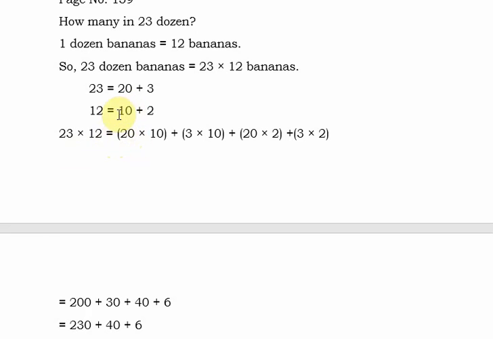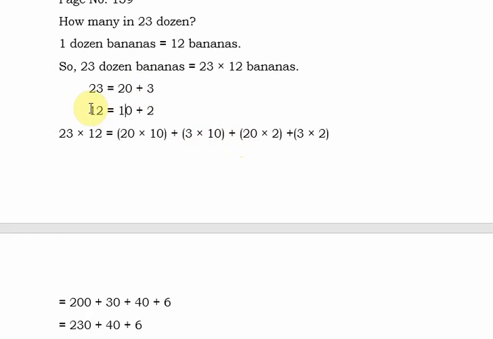So first we take 20. This 20 can be multiplied with 10. So 20 into 10, don't forget to put the brackets. Plus next number is 3, 3 into 10. In the earlier sums we have done like this. Same way here, 20 into 10 plus 3 into 10.